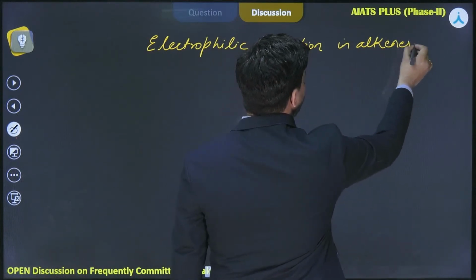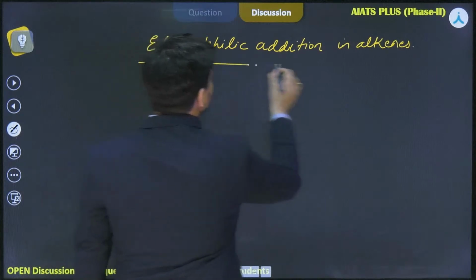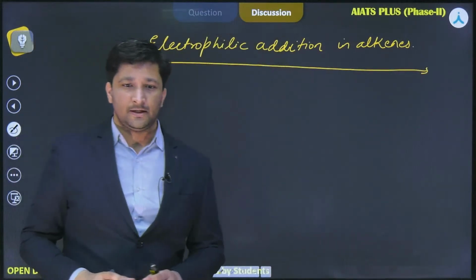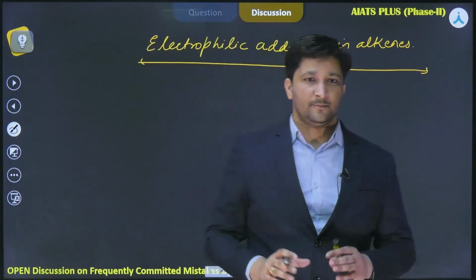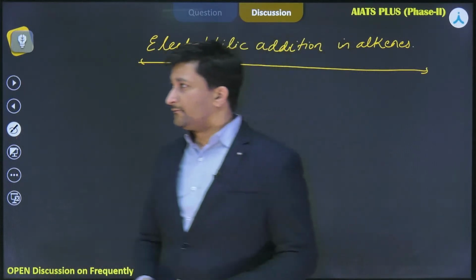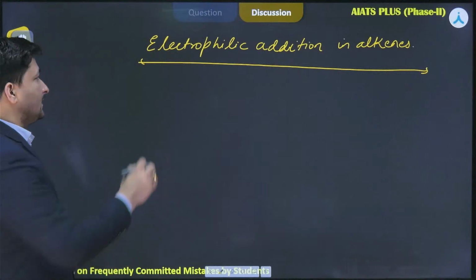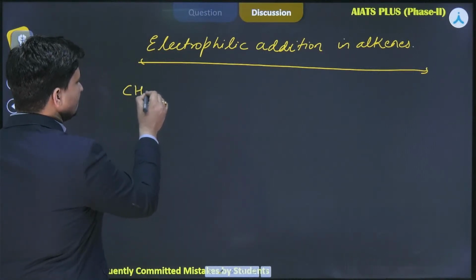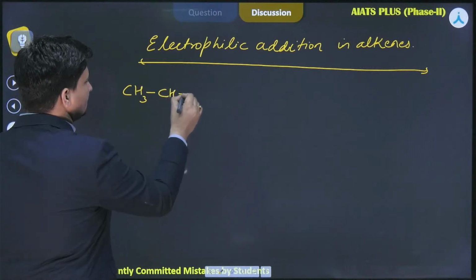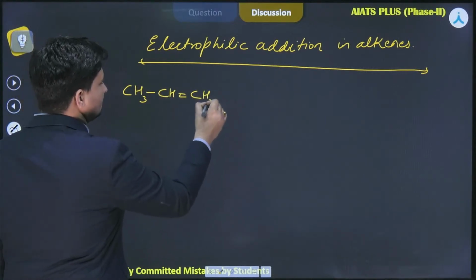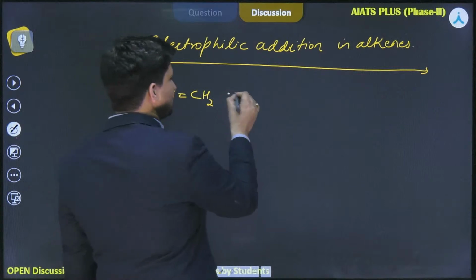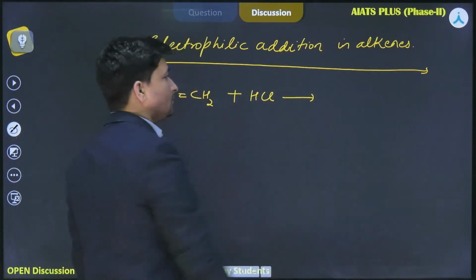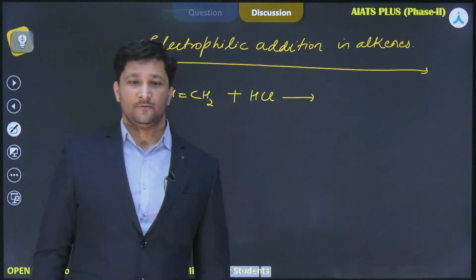This is a very important concept. First of all, I will be taking a very simple alkene to explain what phenomenon is involved here. Let us take a very simple alkene, that is propene, CH3-CH=CH2, and now when it is allowed to react with HCl, we have to find out what product will be formed.